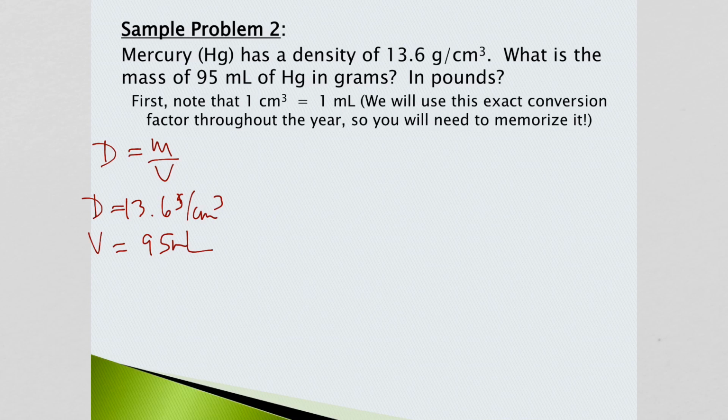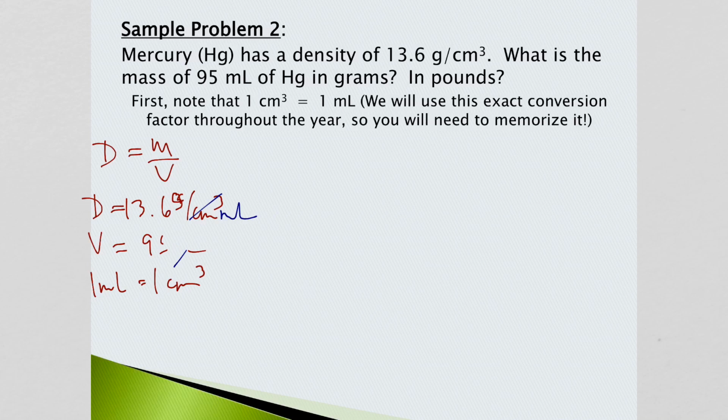That one's going to be pretty straightforward because I currently have density in grams per centimeter cubed, and I currently have the volume in milliliters. And since I know 1 milliliter equals 1 centimeter cubed, then I can simply change this centimeters cubed to milliliters, or I could have changed this milliliters here to centimeters cubed. Either one would be appropriate.